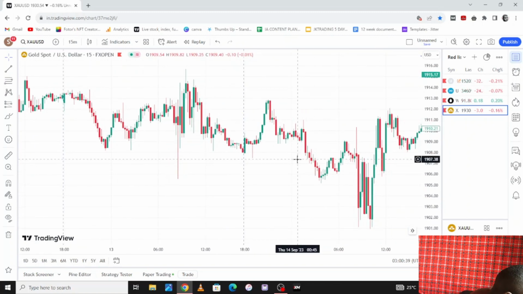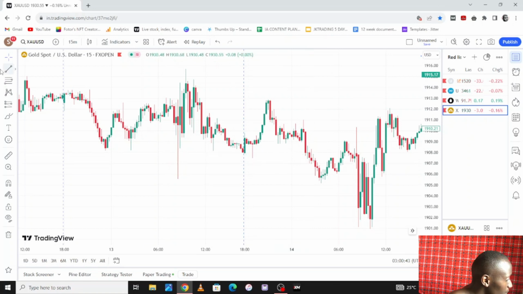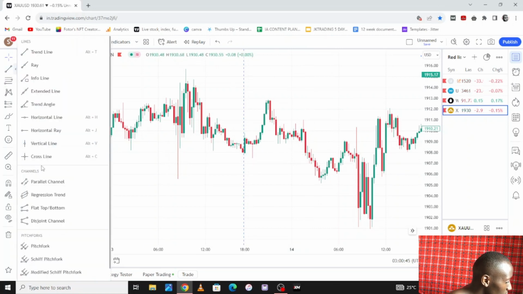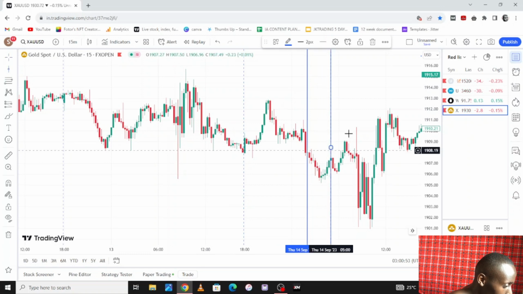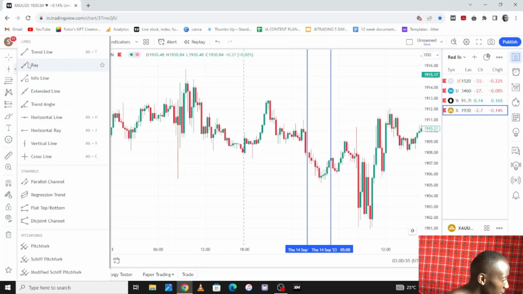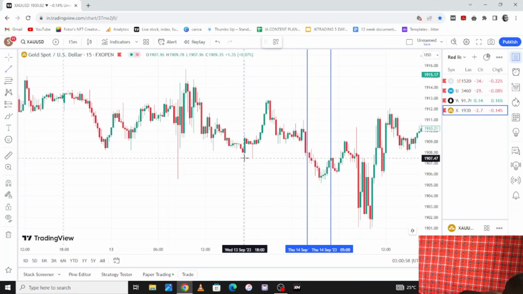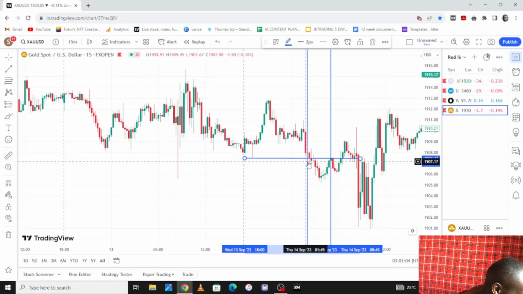So do we have a breakout? Oh yes, we do. So as usual, 2 a.m. to 5 a.m. Alright, and then this is the low of the day before this open.